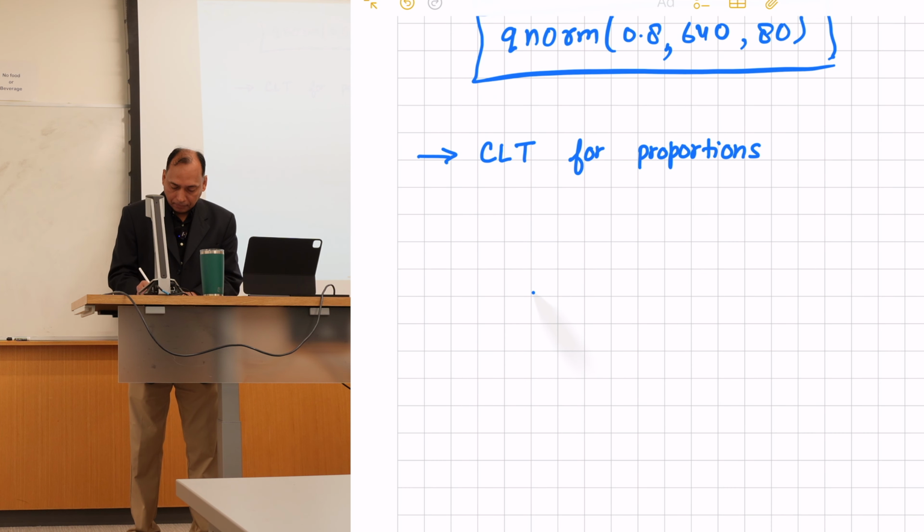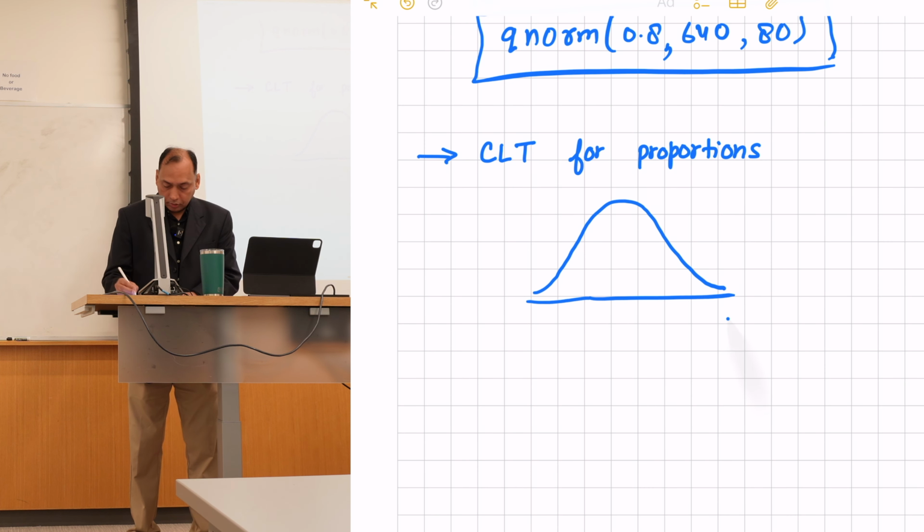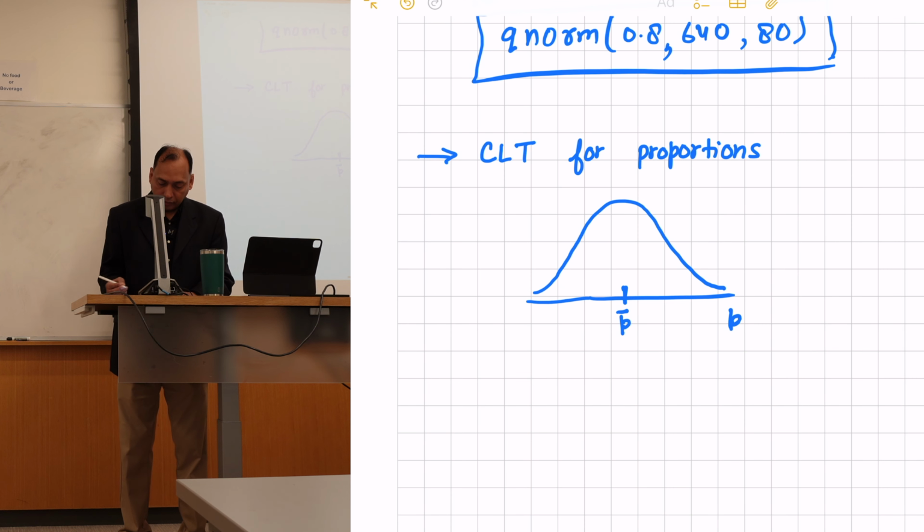The only thing is, when you convert from binomial to normal, you have some proportion, and then you have this p bar, average of proportions, and then the standard error sigma of p bar is given by square root of p times 1 minus p divided by n.